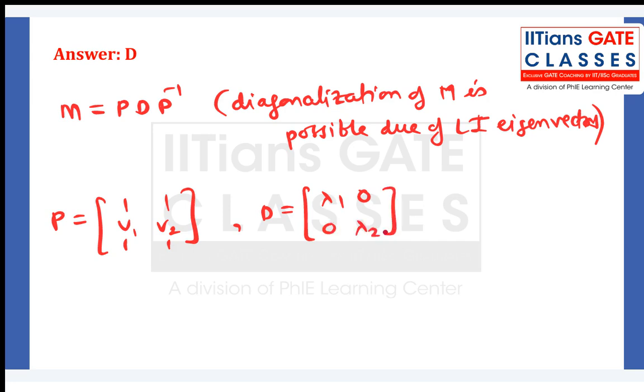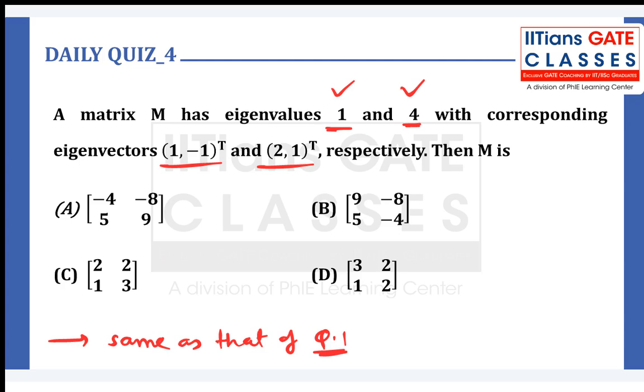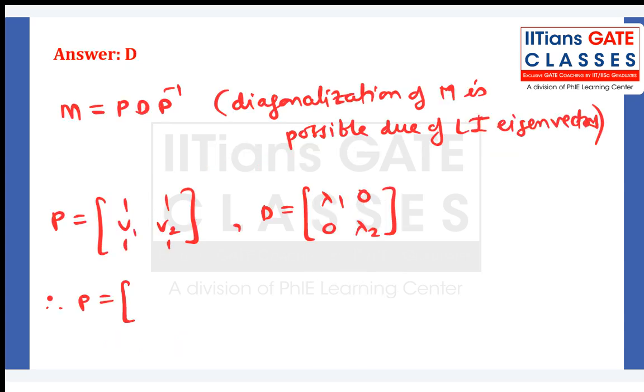This is a standard diagonalization process. V1 and V2 are given in this question, which is 1 minus 1 2 1. So 1 minus 1 2 1 will be your P matrix, and eigenvalues are 1 and 4.